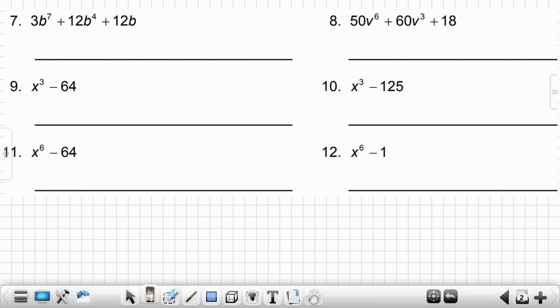Jaden, first of all, what can I factor out of every single term there? 3b. I can factor 3b out of every term. So I'd have 3b. If I take 3b out of the first, what would I have left?